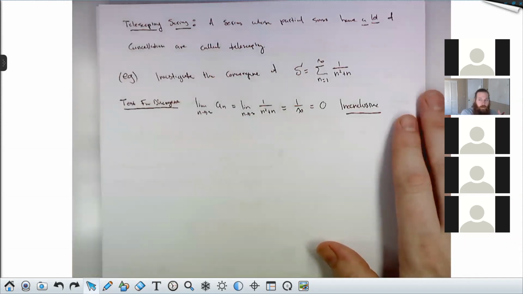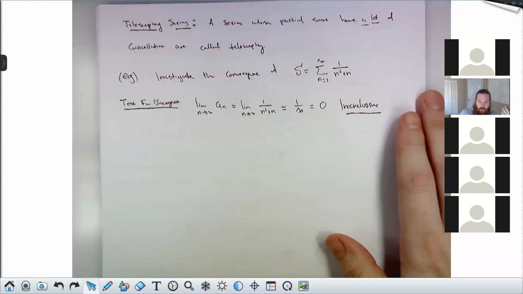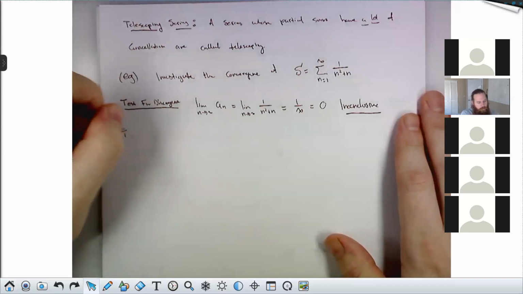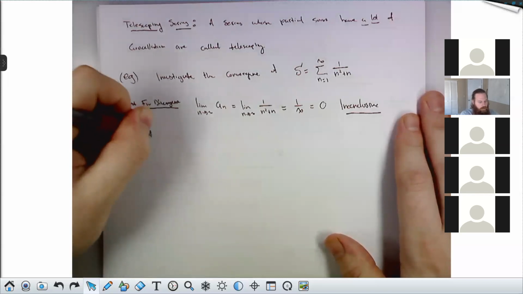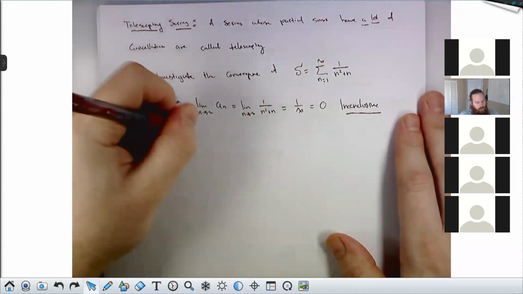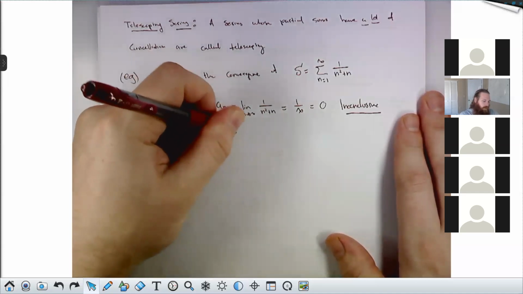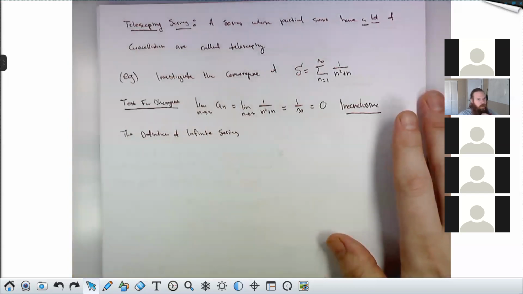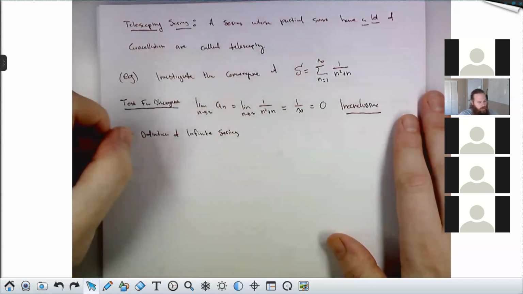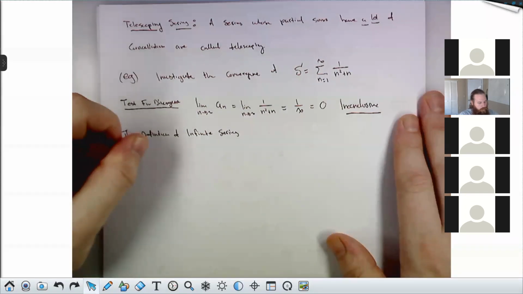Now, if it's not geometric and the test for divergence doesn't work, I don't have any other tricks at this point. We're just starting to do this. The only other thing I have is the definition of an infinite series. And in mathematics, as elsewhere, if you don't have anything else to work with, you have to start with the definition.